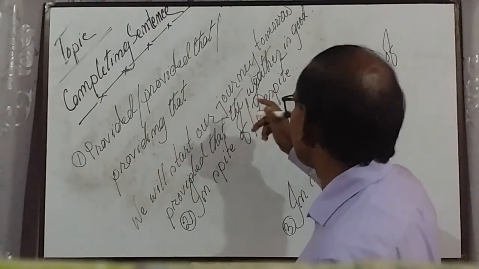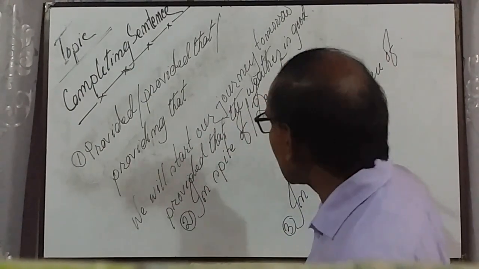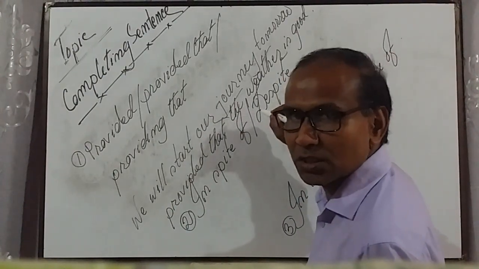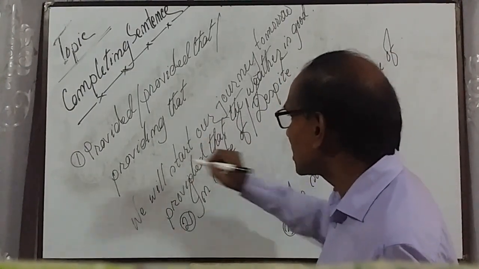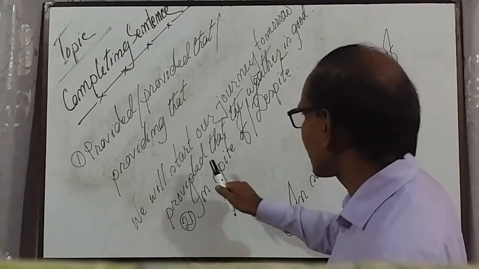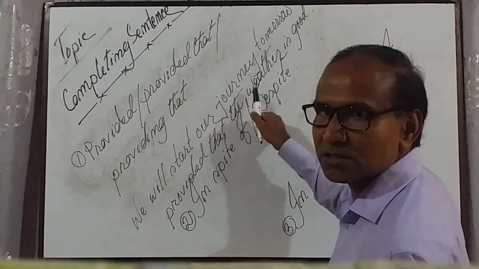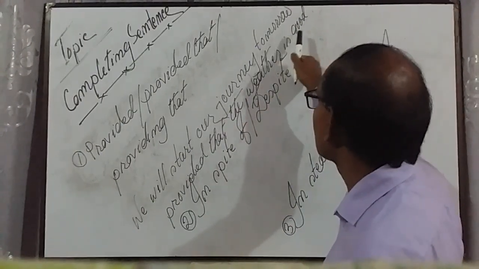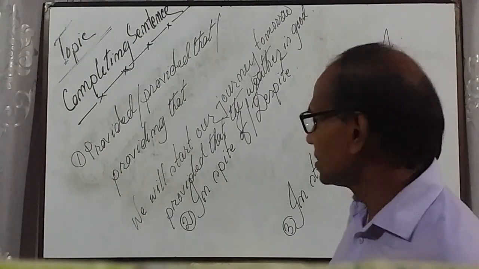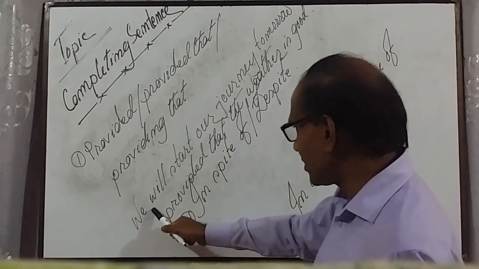Then you will have a gap, and in that gap you have to write another clause, keeping consistency with the first clause. That means you have to write another subject, then verb, then adjective or extension, right? So let me make it clear.